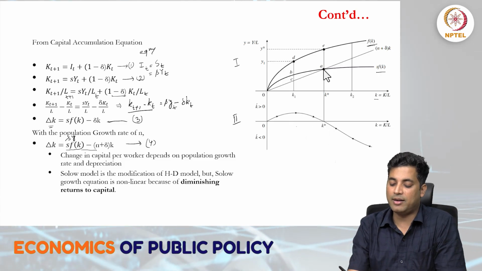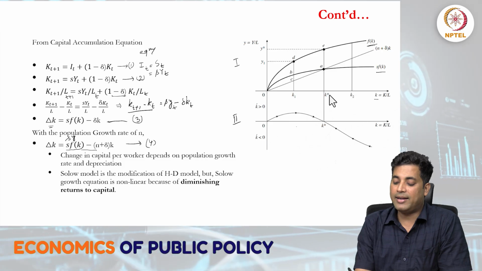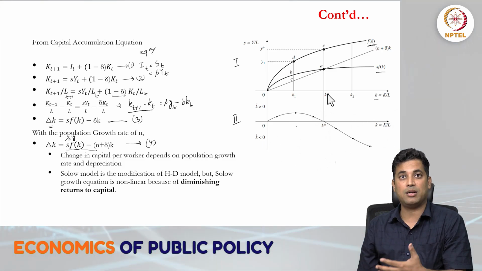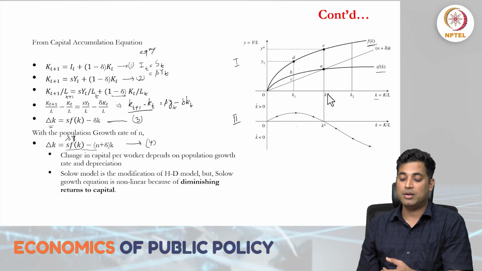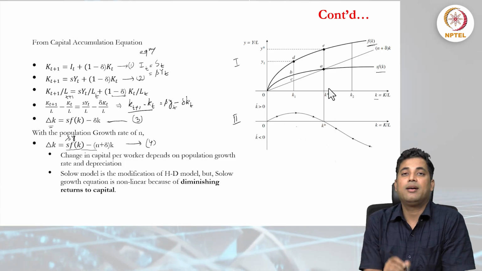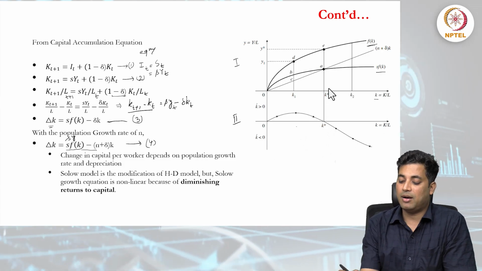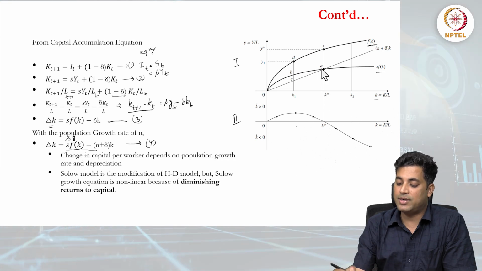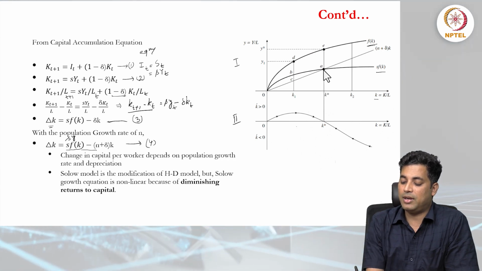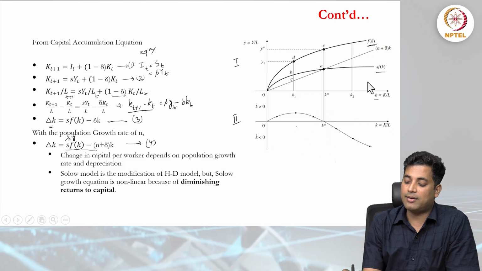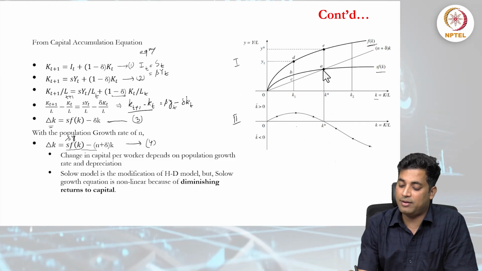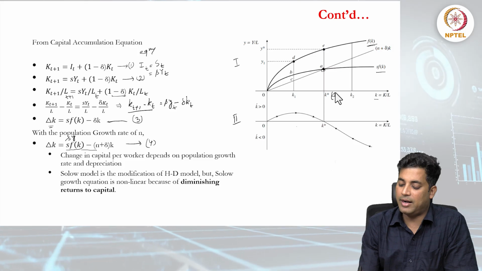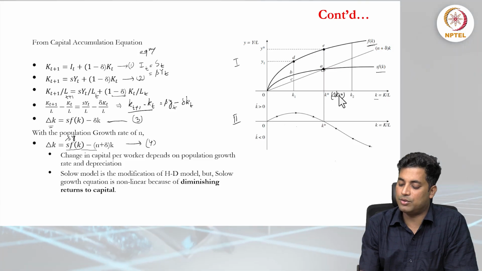So here at point A, at k star amount of capital stock, like capital per worker, things are changing, right? I mean, here they are equating to each other. So in this condition where delta k equals 0, at k star, delta small k is equal to 0.